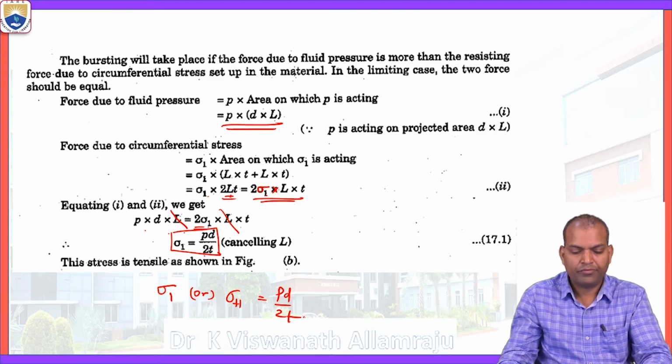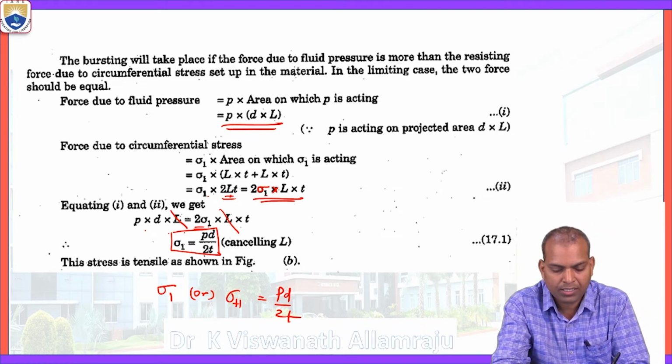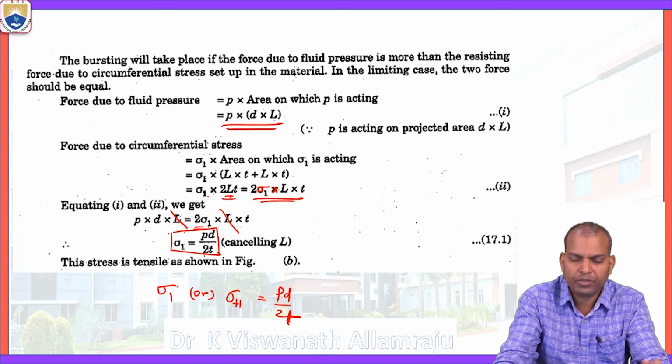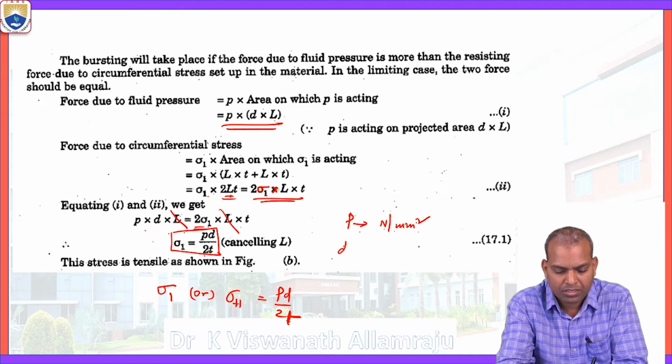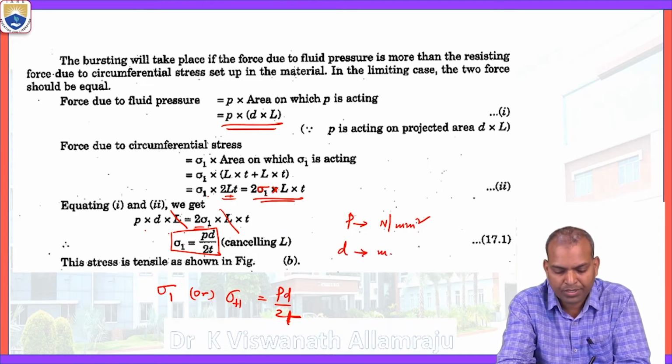What is P? P is the internal pressure, D is the internal diameter of the thin shell, and T is the wall thickness. The unit for P, the internal pressure, is Newton per square millimeter, whereas the internal diameter of the thin shell is in millimeter, and T, the wall thickness, is in millimeter.